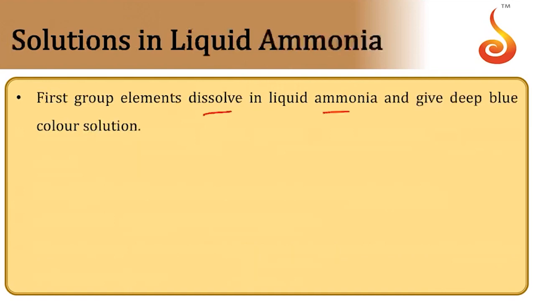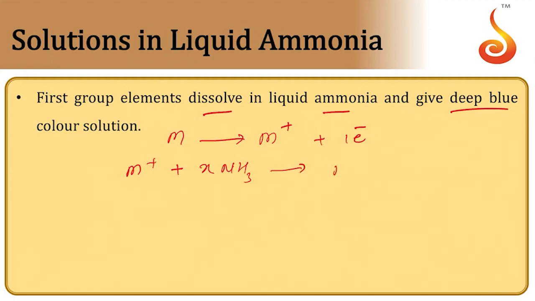Then comes solution in liquid ammonia. These first group elements dissolve in liquid ammonia and form a deep blue color solution. When you dissolve the metals in liquid ammonia, the solution contains electrons. A metal dissolving in ammonia ionizes and forms a metal ion plus an electron. The metal ions that are present take up ammonia molecules; they are surrounded by ammonia molecules.